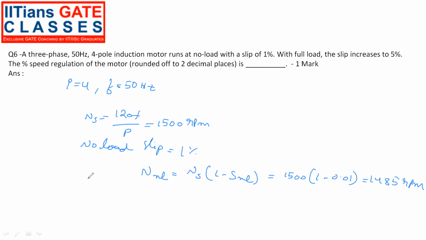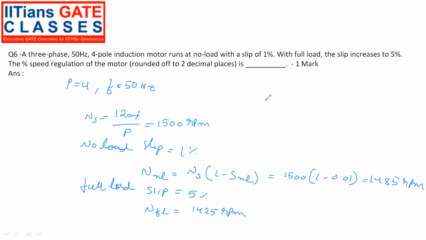Now the full load slip they have given us, full load slip equals 5%. Using the same expression, we can write the speed at full load equal to 1425 RPM.